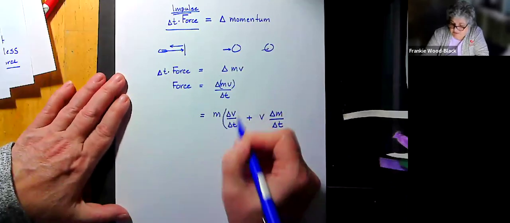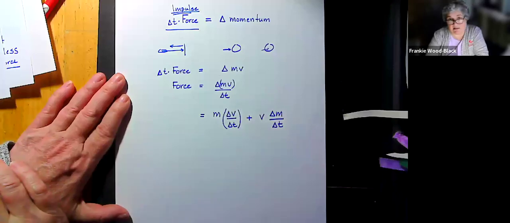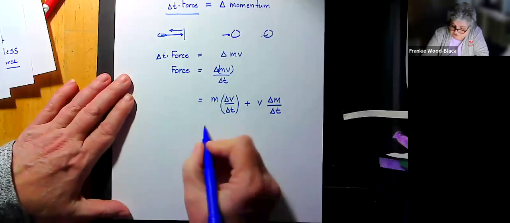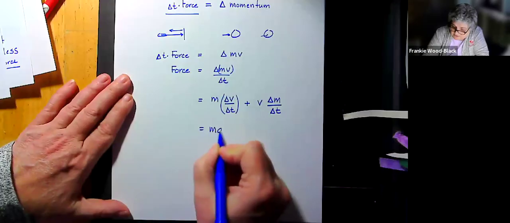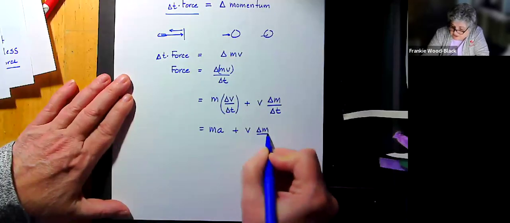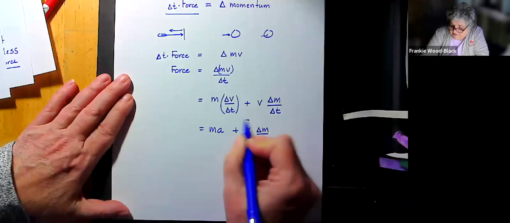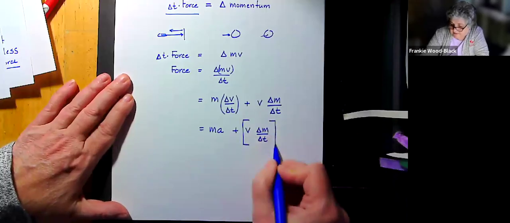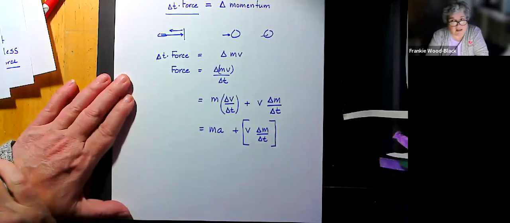We know what this is because we've been playing with that since early on in the semester. So this is my mass times my acceleration. And then I have my velocity times my change in mass over my change in time. And I've got this weird term over here that's a little different than what we know as Newton's second law.